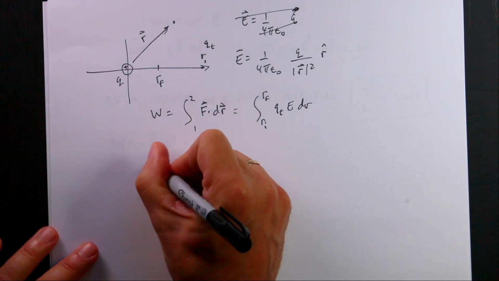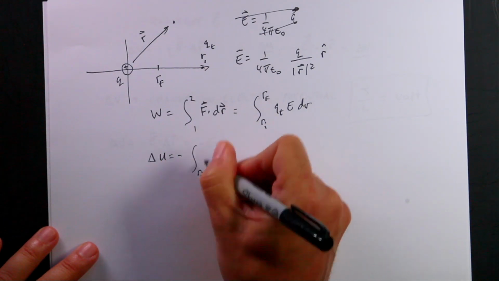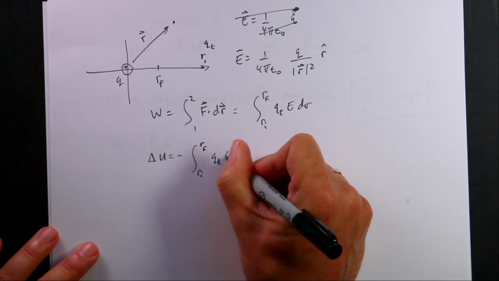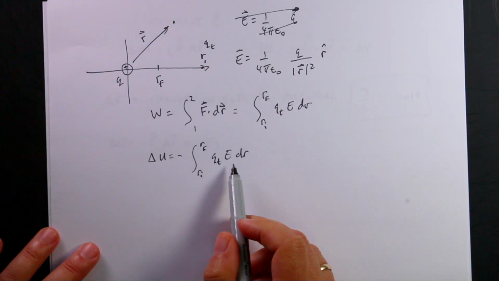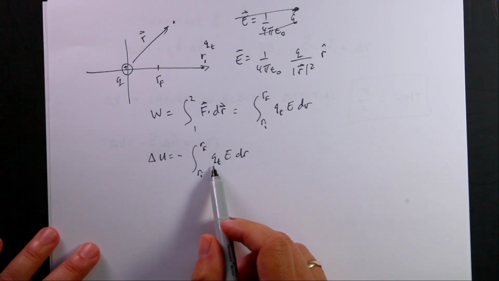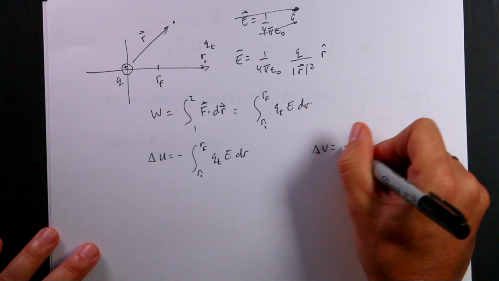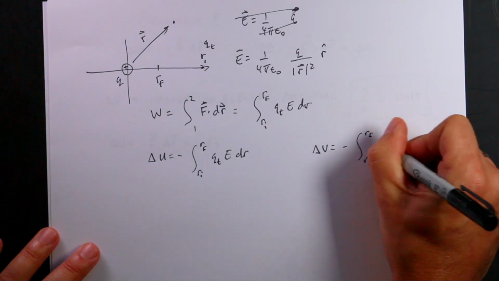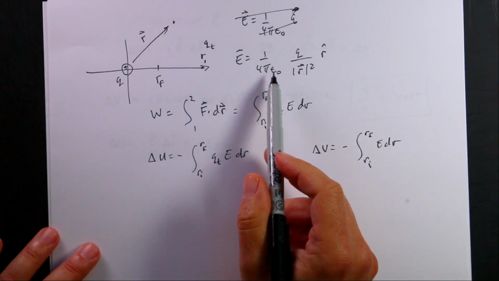Now the change in electric potential energy is going to be the negative of that, negative integral from Ri to R final of Q test, that's the test charge, E dr. And E and dr are in the same direction, so I can turn that into a scalar component. And then if I divide both sides by that test charge, I get delta V equals negative the integral from Ri to R final of E dr. And I can use this as my magnitude of the electric field and integrate.